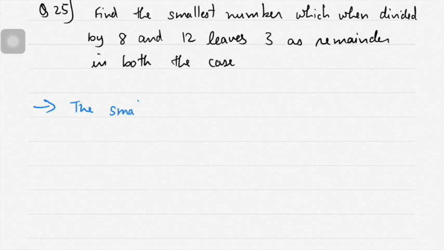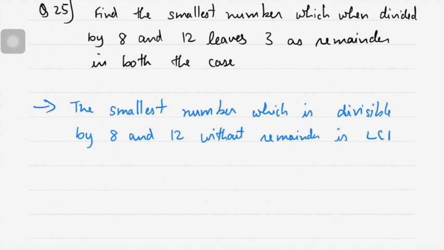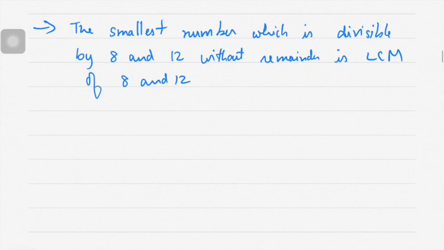So I'll just write down: the smallest number which is divisible by 8 and 12 without remainder is the LCM of 8 and 12.